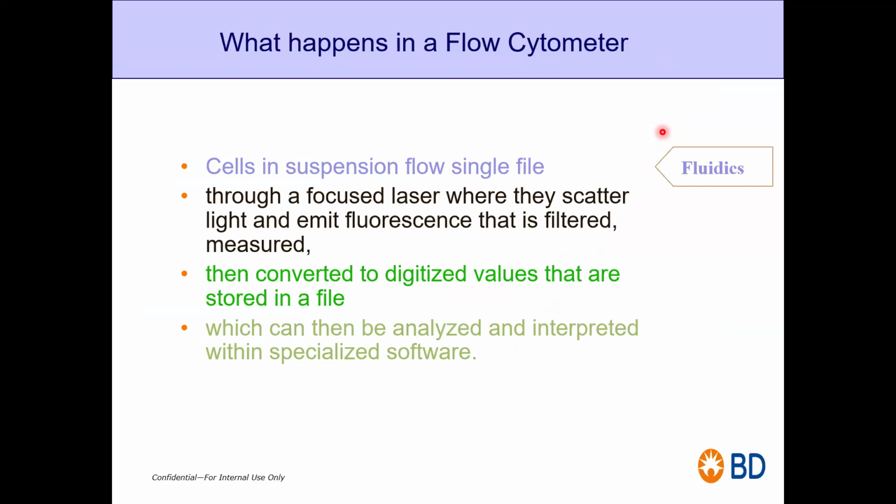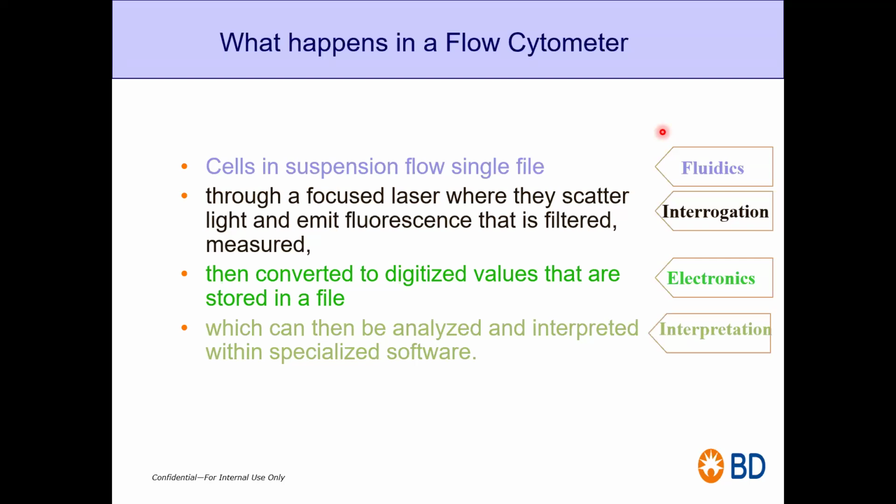Then a focused laser hits the cells, which is what we call interrogation. After the interrogation, the photons are released, then the signal, and those signals are converted into an electronic signal. That is what the electronics part does.